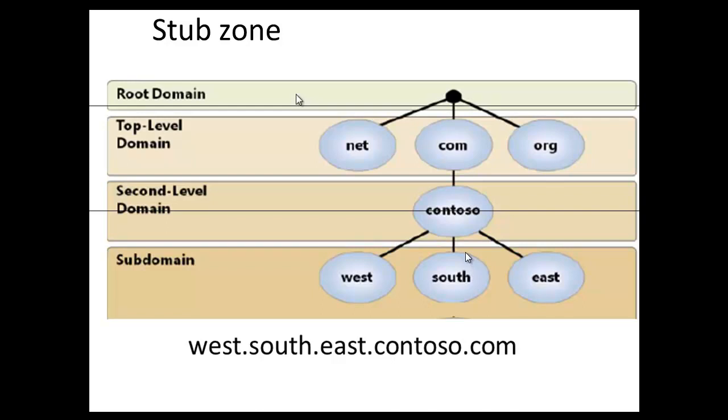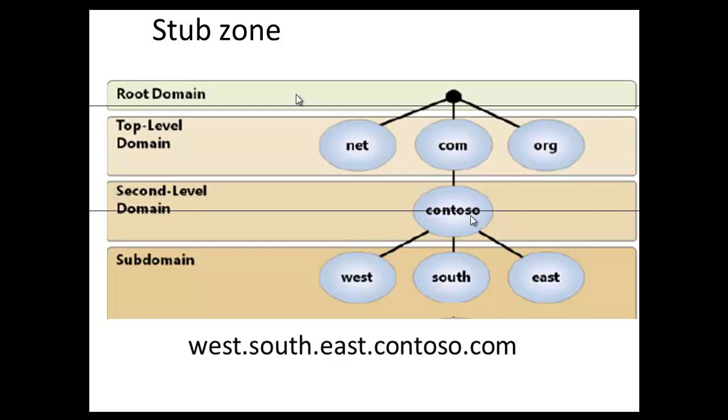So this method of updating the DNS server hosting the parent zone maintains a current list of the authoritative DNS servers for the child zone as they are added and removed.